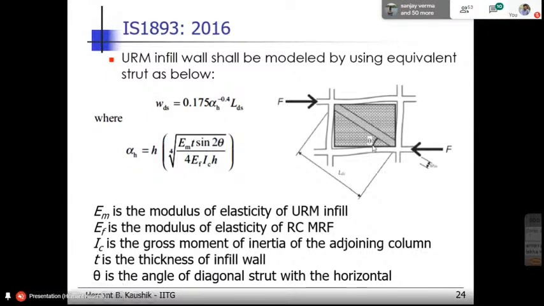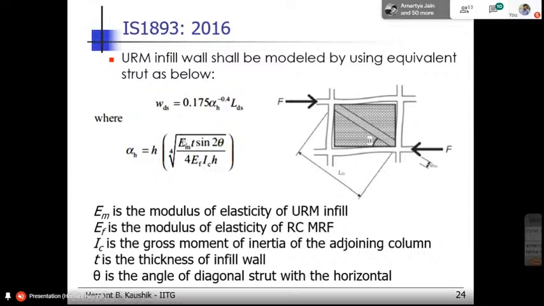The role of this theta is actually to define how slender is the wall, how long is the wall. Because if the wall is very long, you will have theta less. But if the wall is very short, height is long, then the theta will be large. And EF is the modulus of elasticity of the frame. IC is the moment of inertia of the column section, and H is basically the height of the frame.